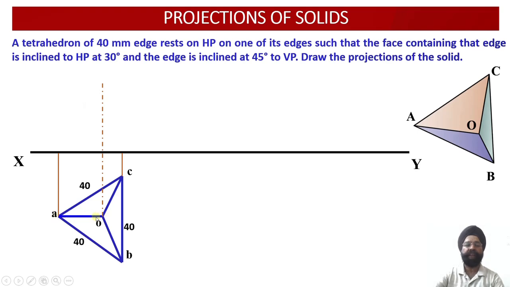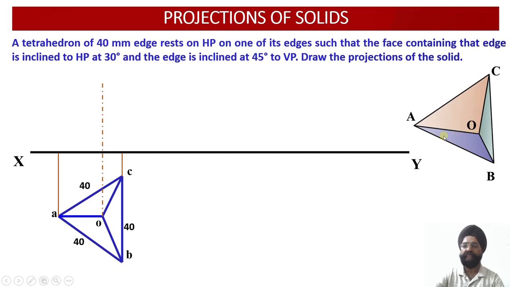We are going to make use of the fundamentals of the rotation of the line. Over here, this is the true length 40 millimeter. This is the true length 40 millimeter. This is also the true length 40 millimeter. This is also the true length, that is OA, OB and OC.